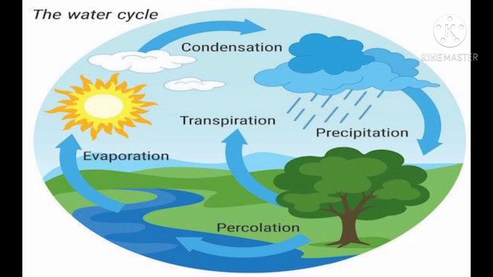All the above processes of evaporation, condensation, precipitation, and transpiration keep the water on the earth's surface in constant movement in a cyclic fashion. This is called the water cycle or hydrological cycle. The whole sequence of steps repeats again and again, ensuring availability of water on earth and regulating the weather pattern.